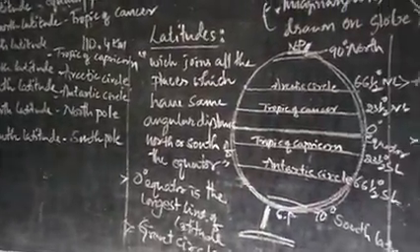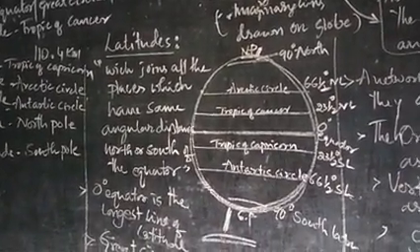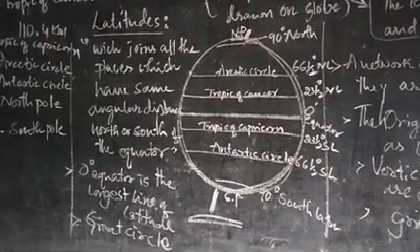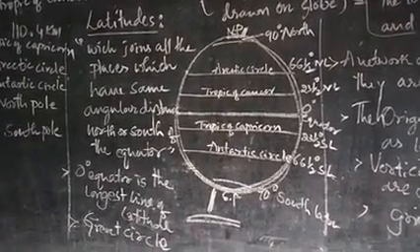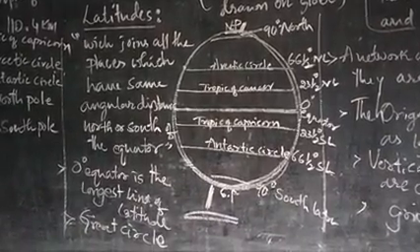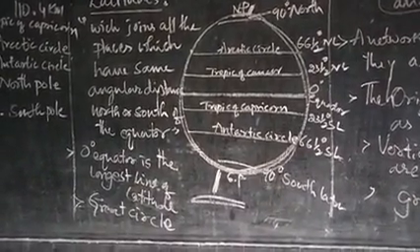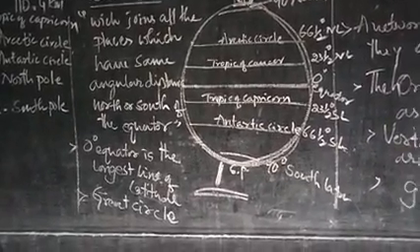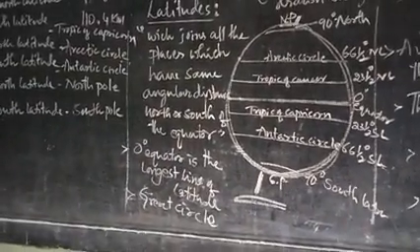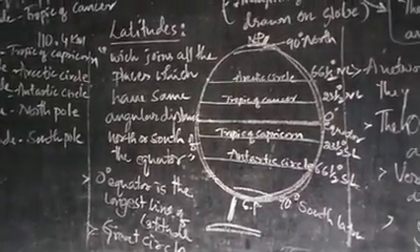Latitudes are imaginary lines which join all the places which have the same angular distance north or south of the equator. The 0 degree equator is the longest line of latitude, called the great circle.